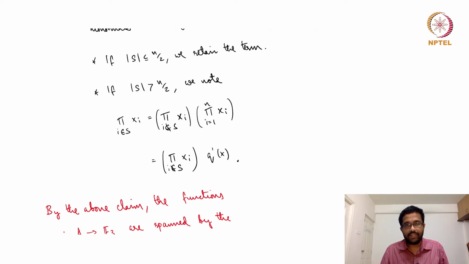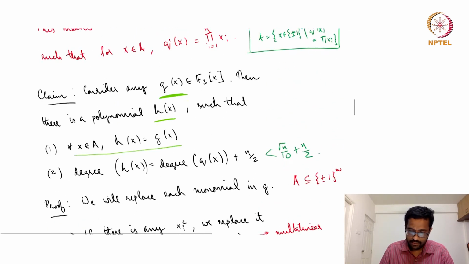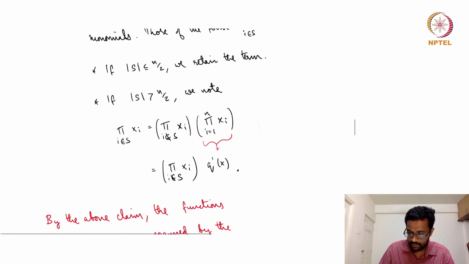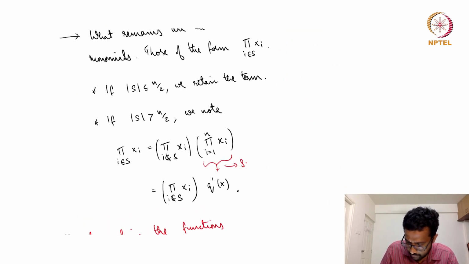So all that will remain is all the xi that are in S. Okay, but what is the product of all the xi? Inside A, it is simply q prime of x, right? This is the assumption. Within A, q prime and this are the same, and we only care about what is there within A.